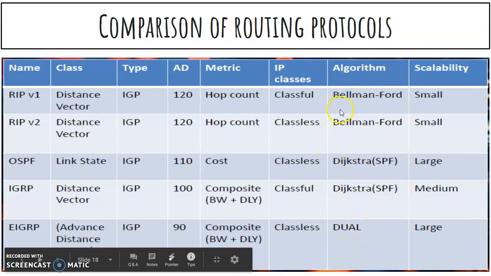So we see that RIP uses Bellman-Ford, OSPF and IGRP use Dijkstra, and as I mentioned, EIGRP uses its own DUAL algorithm, the diffusing update algorithm developed by Cisco, and also the kind of networks that these algorithms are suitable for has been mentioned in the column.